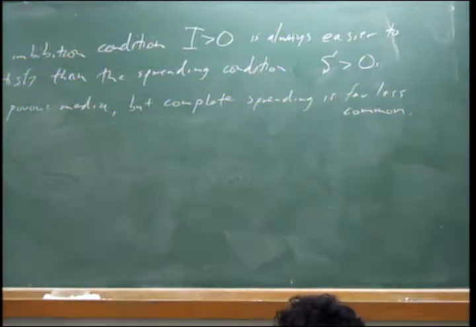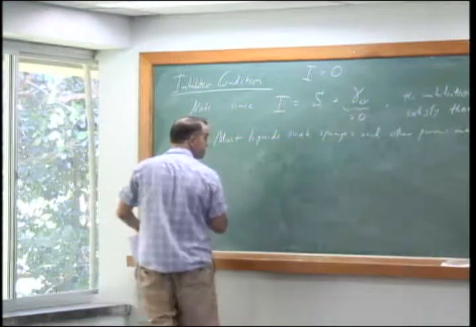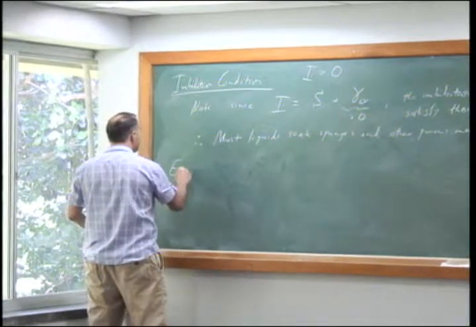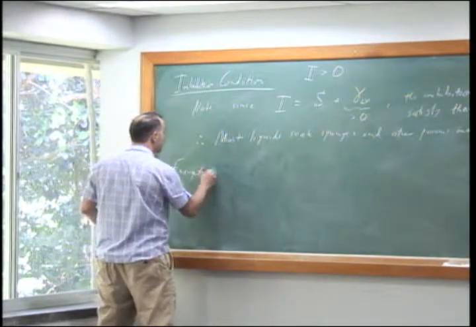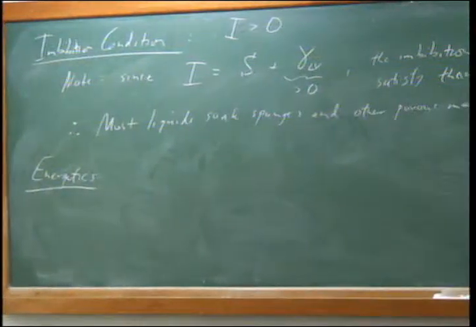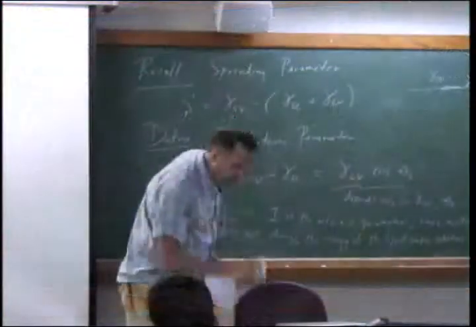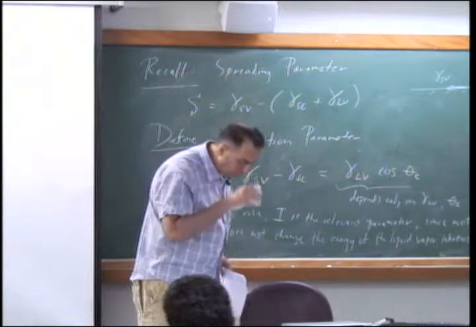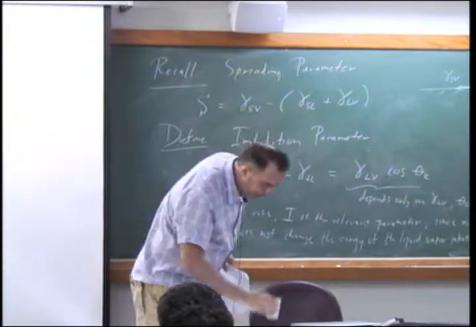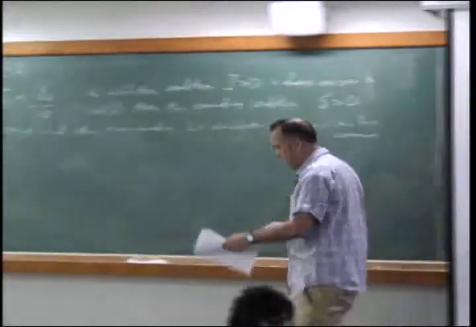Okay, so let's look at the energetics now. Let's try and rationalize the height of rise. We've argued that if I is greater than 0, then it will imbibe.